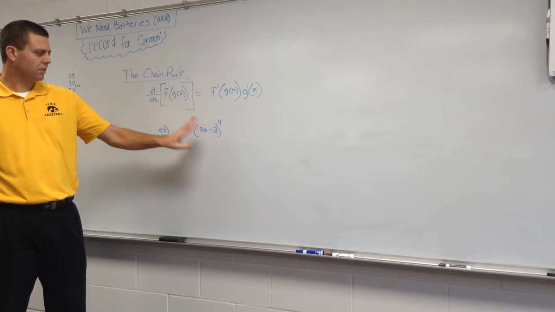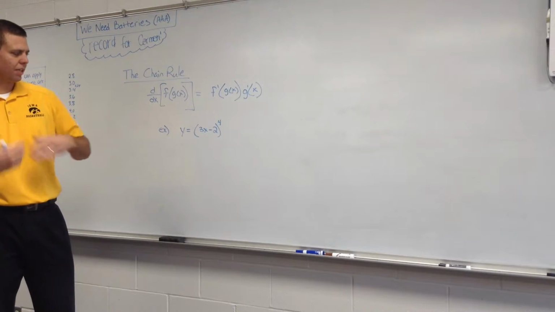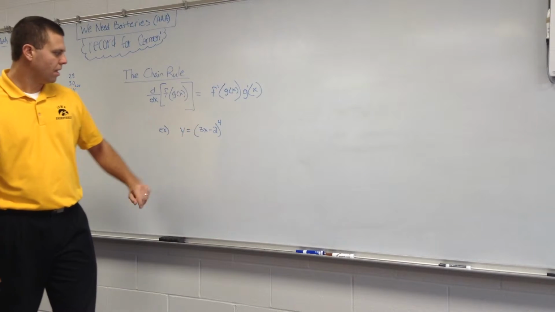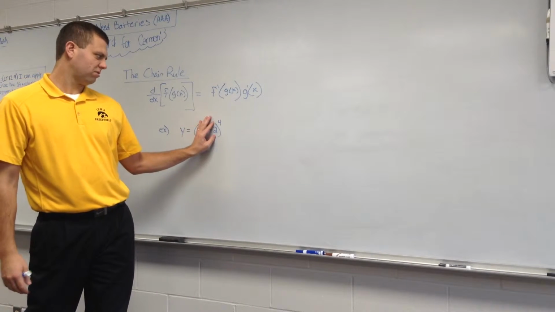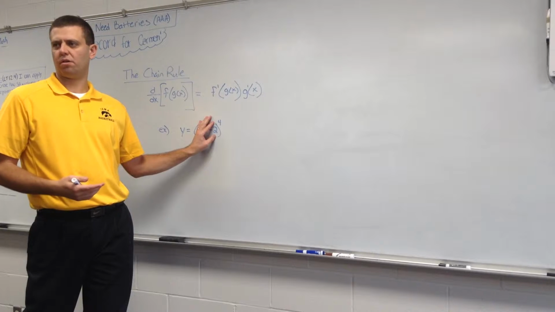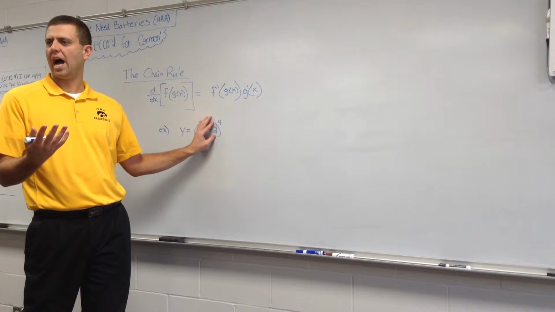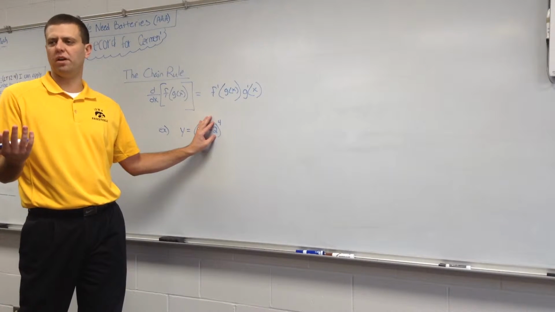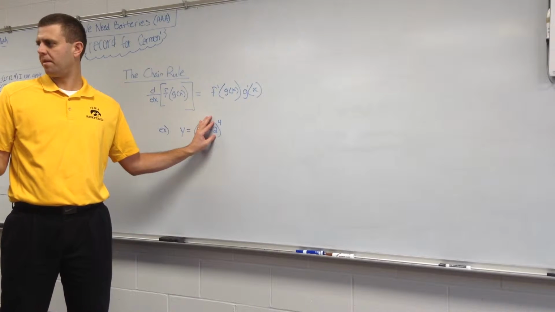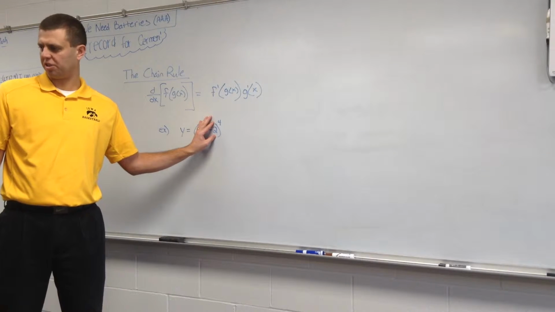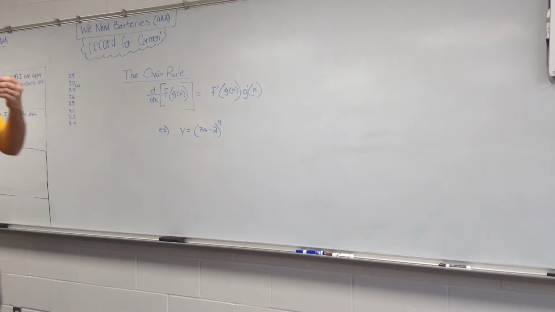What I sometimes tell people to think is, what if this was just x to the 4th? What is the derivative of x to the 4th? 4x to the 3rd, right? So I still want you to do that, just like you would there.